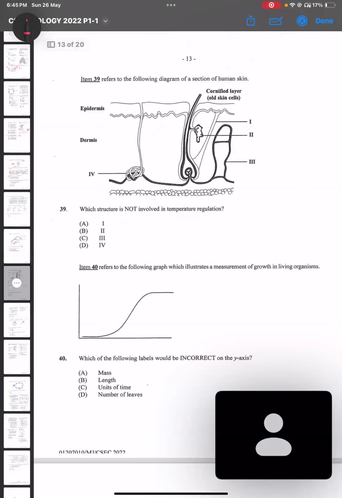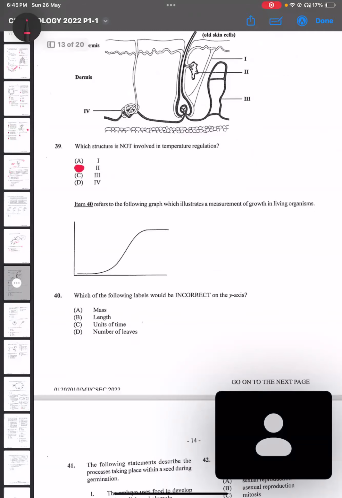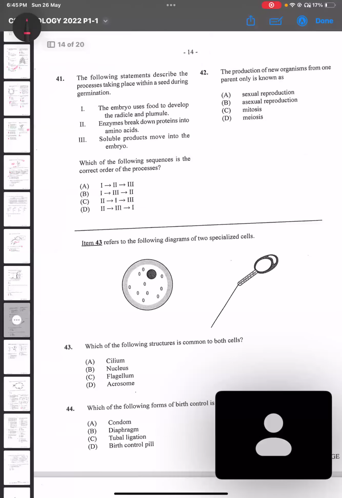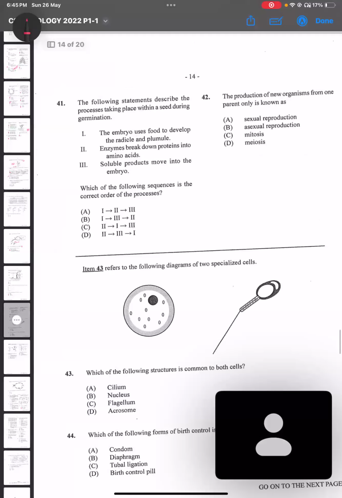We know 39. What's 39? We know 40. C, units of time. We know 41. What's 41?